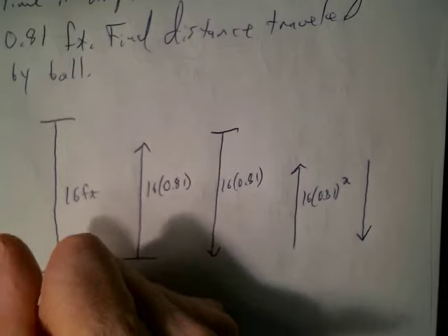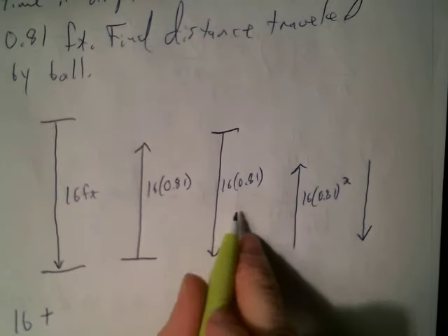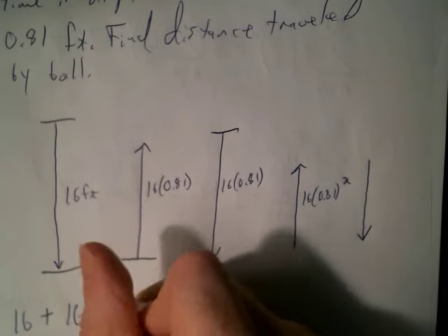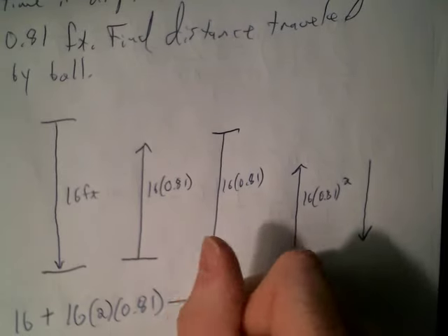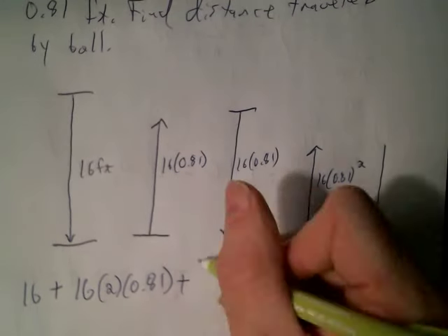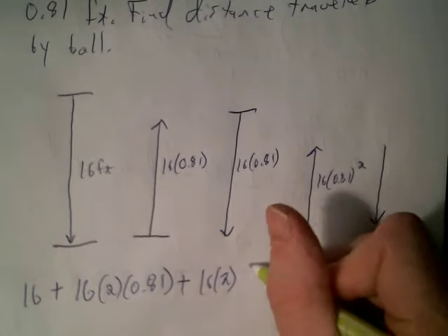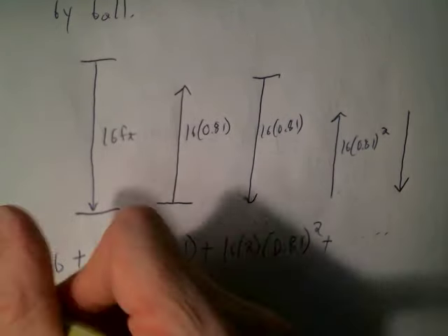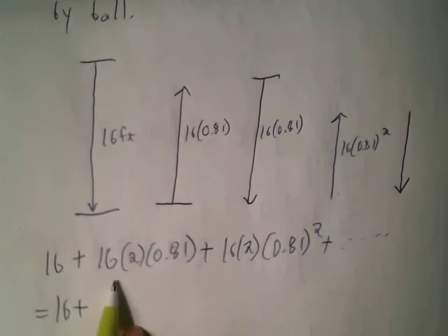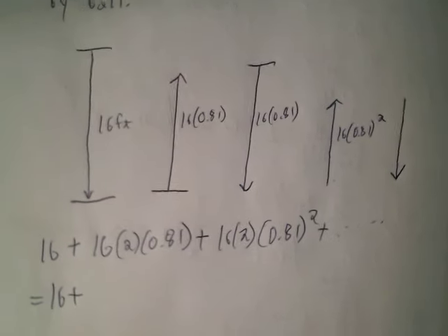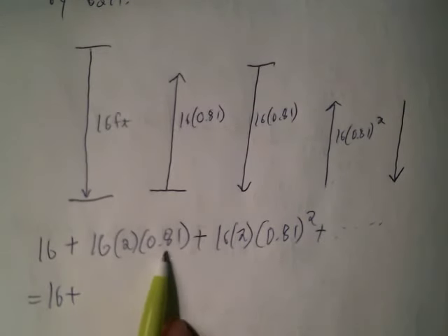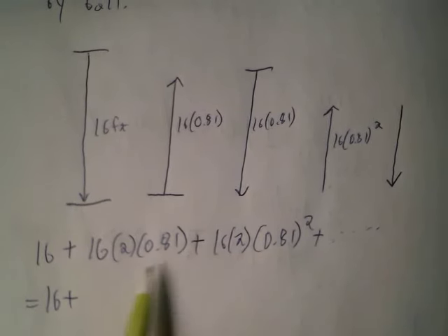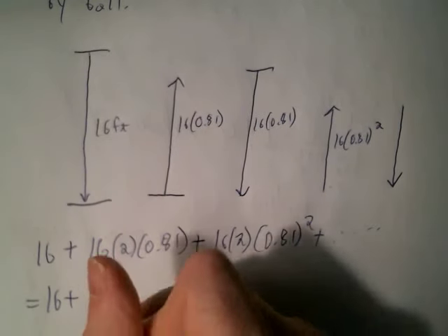So the sum will be 16 plus 2 of these guys, so 16 times 2 times 0.81, plus 2 of these guys, so plus 16 times 2 times 0.81 squared, etc. So this will equal 16 plus, I can factor out 16 times 2, assuming that this series converges. Okay? You wouldn't be able to do that otherwise, but let's just rewrite it as a series, just to be safe.